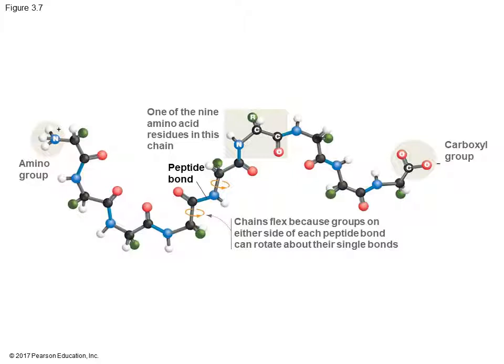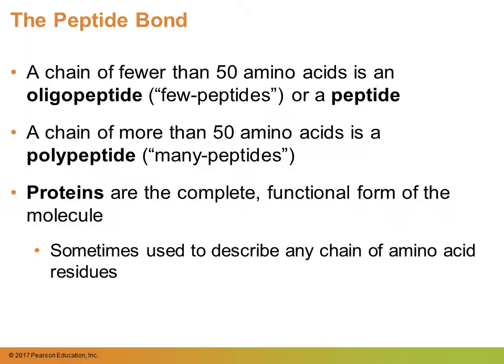This diagram shows that as soon as they start linking together through peptide bonds, a protein is very flexible. It's not just two-dimensional. Once it starts to bend and fold, it has a three-dimensional shape, just like we do. Notice again, the nitrogen side is from the amino group, and at the other end is the carbon from the carboxyl group. There's the nitrogen terminus and the carbon terminus.